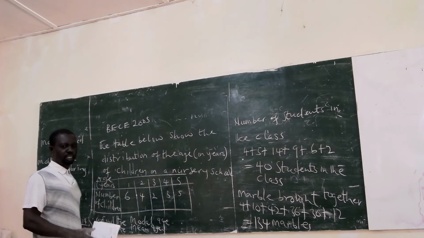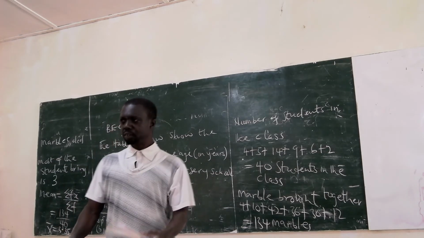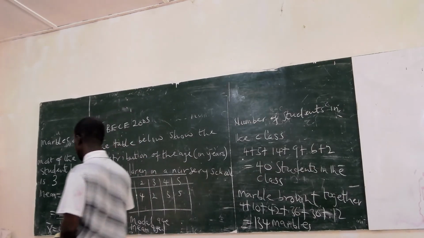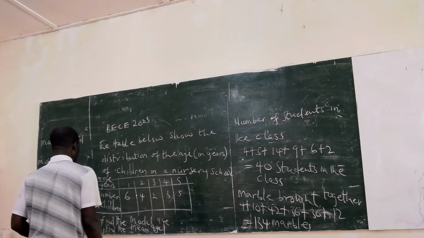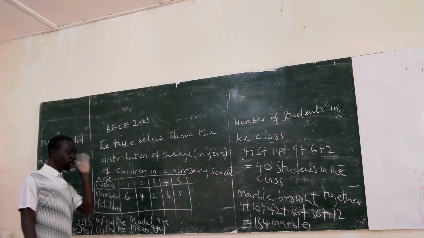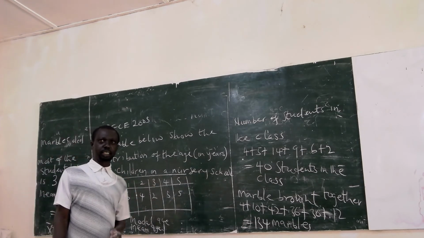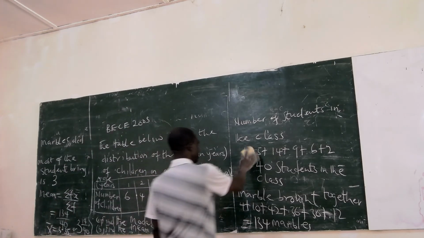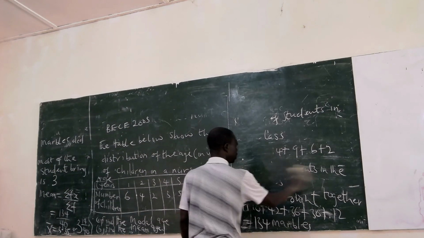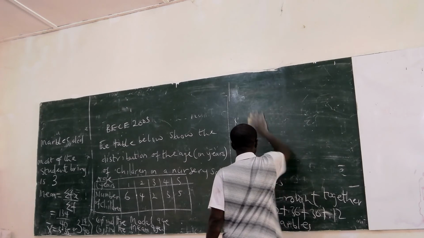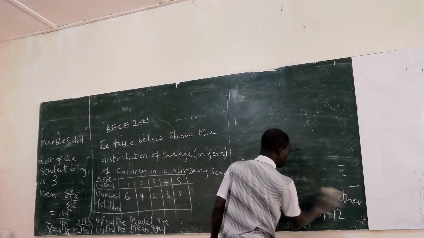Right. The moment we get a question of this nature, the table is supposed to be age, number of children, and the fs. So let's find the solution of this question.